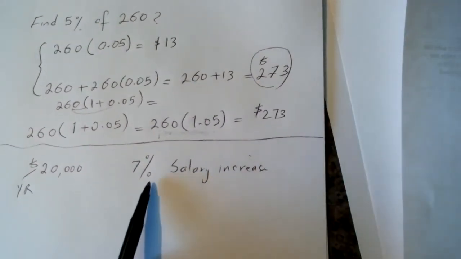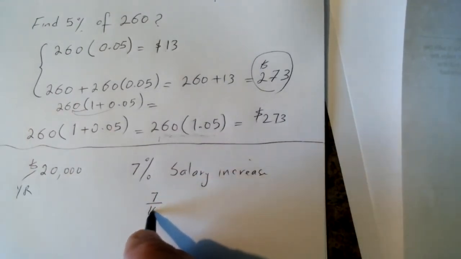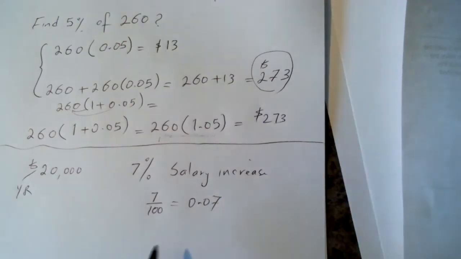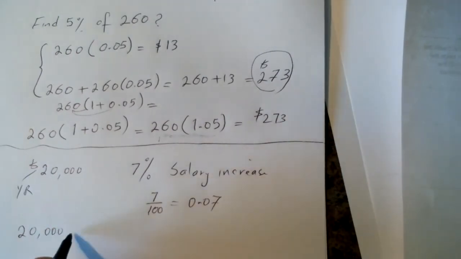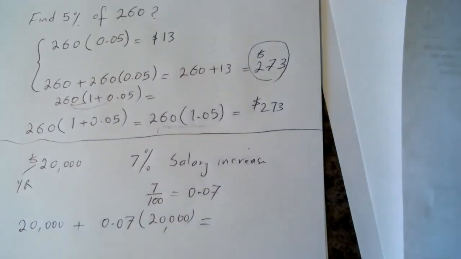So that means I have to take 7%, which is what? 7% is 0.07. I have to take that and multiply by this 20,000 and then add it to that 20,000 to find my new salary.